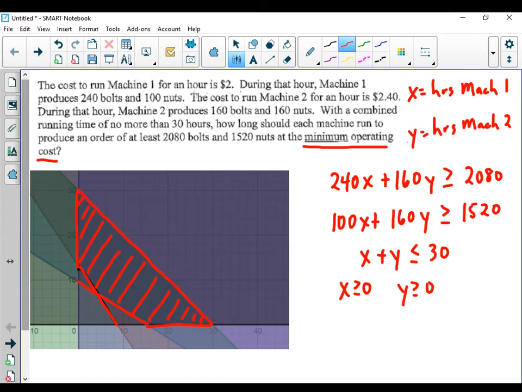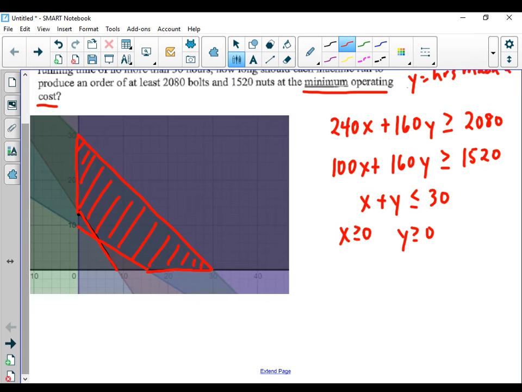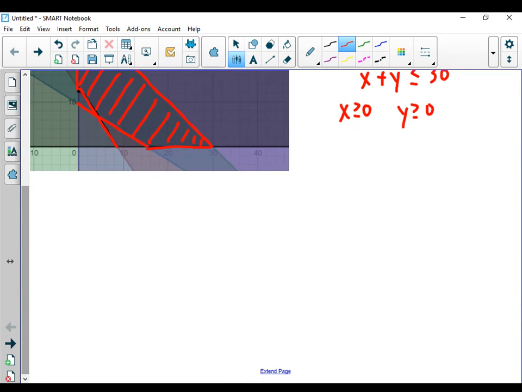They said the cost to run machine 1 was $2 an hour. The cost to run machine 2 was $2.40 an hour. So our function for this is f of x, y equals 2x plus 2.40y.